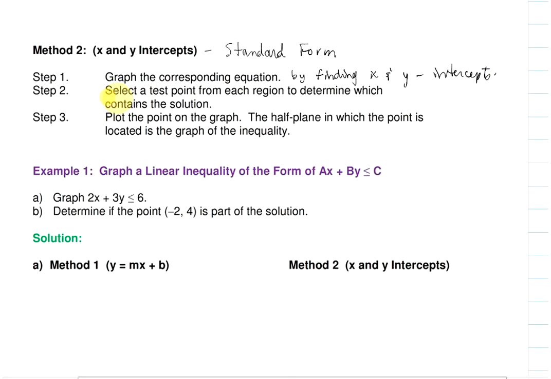Once you have your line graphed, then you are going to select a test point from each region to determine which contains the solution. Whichever one is in the solution region, you are going to plot the point there, and then you will shade in the half plane in which this point is located. Okay? Alright, in my next video I will go through example 1 with you.